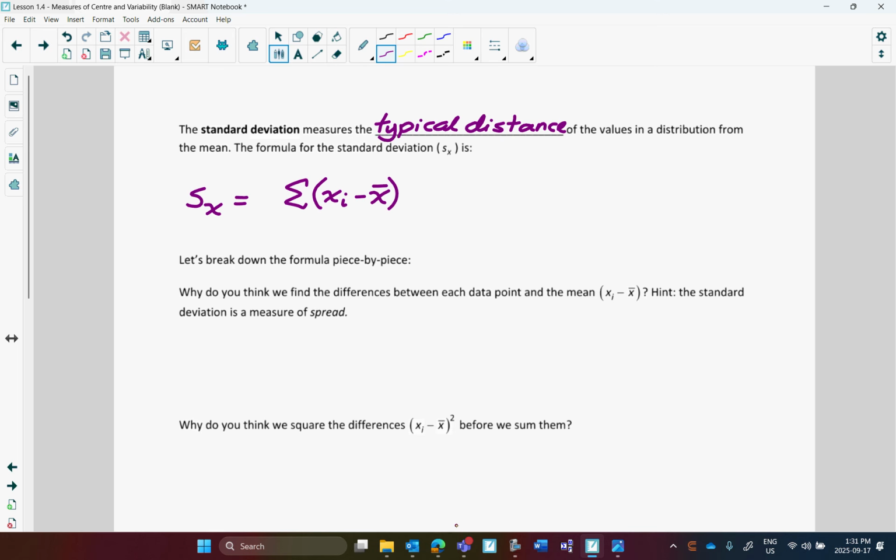But in order to get away from the positives and negatives cancelling each other out, we're going to square those differences. Then to find the average, we have to divide by how many there are, but that doesn't give us quite an accurate standard deviation. We actually have to divide by how many there are minus 1. Why it's minus 1 goes well beyond this course, so don't worry about it.